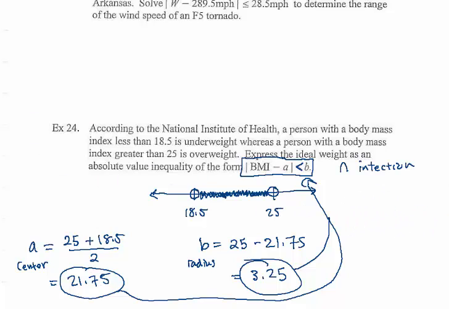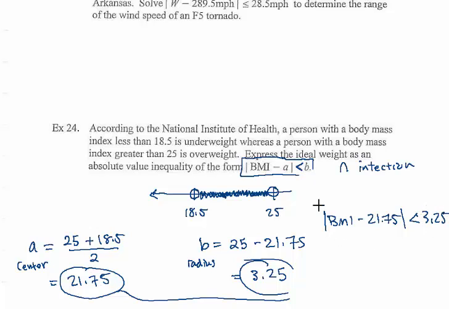Let me scoot it over. We write BMI minus 21.75 less than 3.25. And so this is what we were looking for.